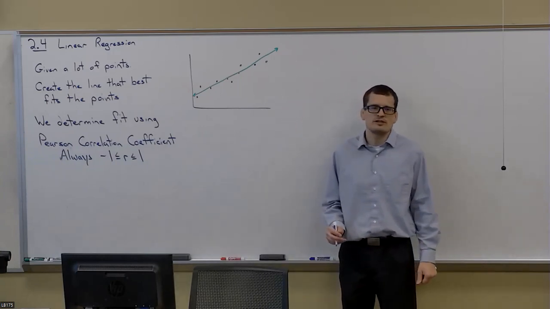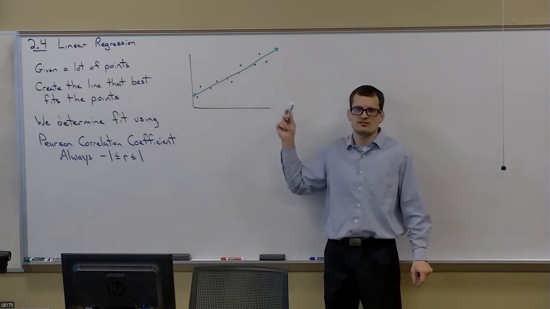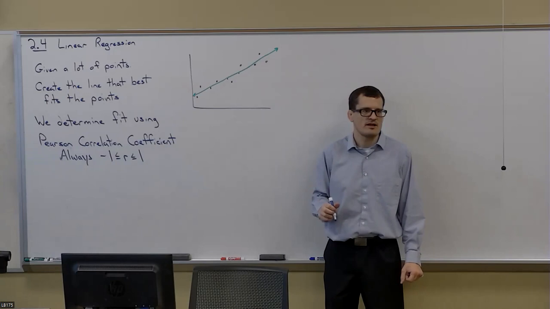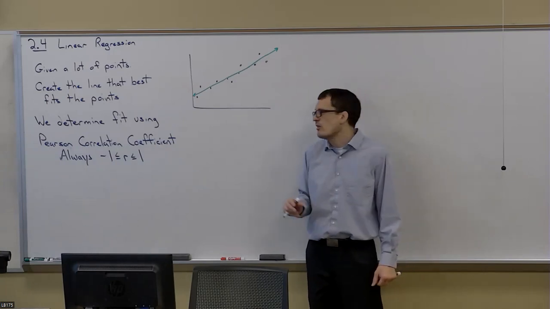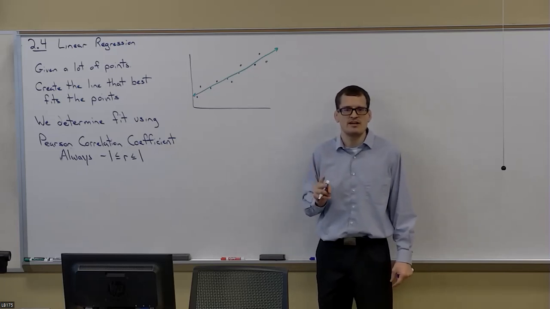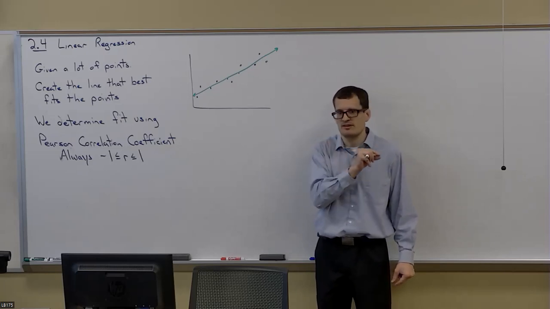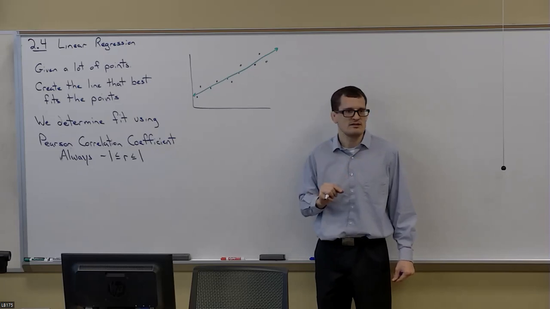The negative or positive just means slope increasing or slope decreasing, okay? The closer it is to 1 and the closer it is to -1, the better the fit. If R is equal to 1, that means every single point is exactly on the line.